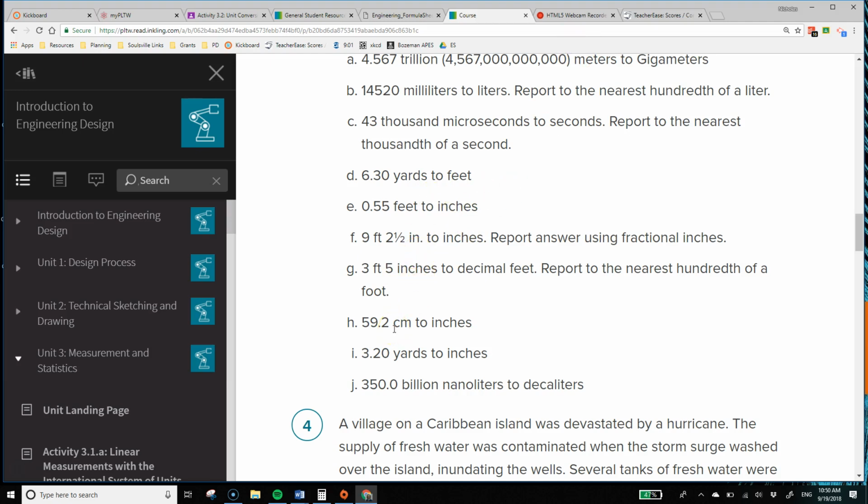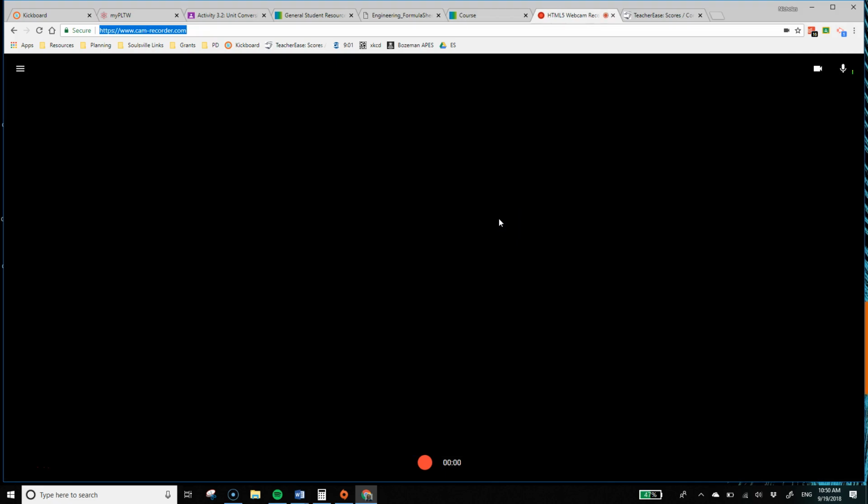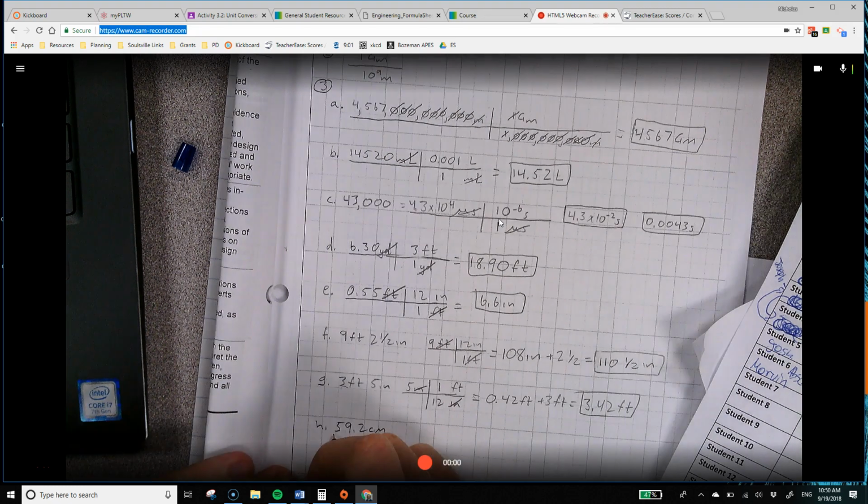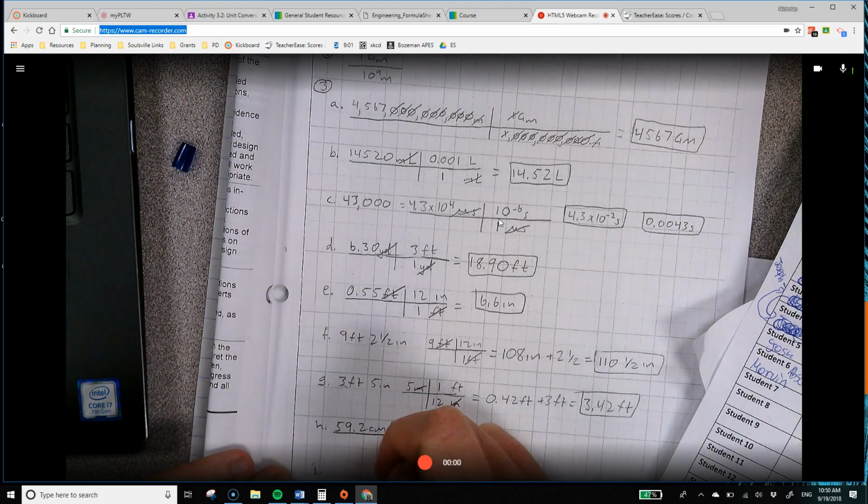H is not a 2-part conversion. We'll still do it. All right, so I start with 59.2 centimeters. I want to go to inches. Can somebody use the formula sheet to tell me what is the conversion from inches to centimeters? 1 inch equals 2.54 centimeters.